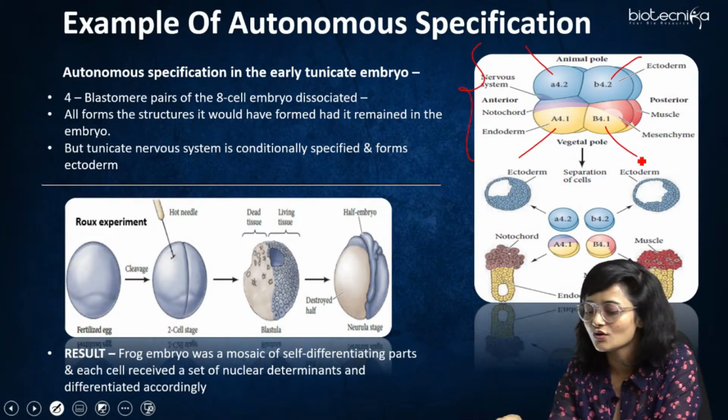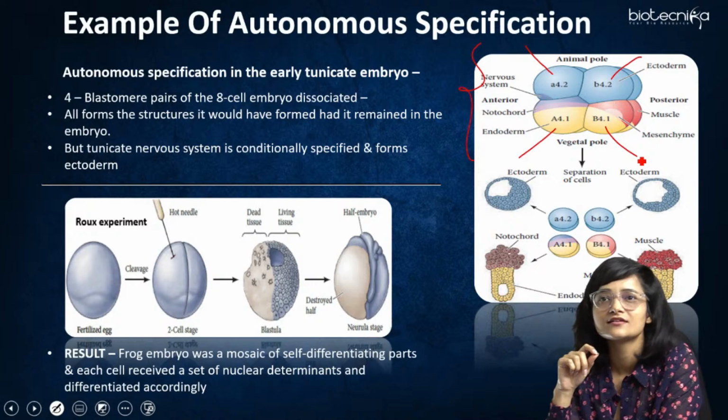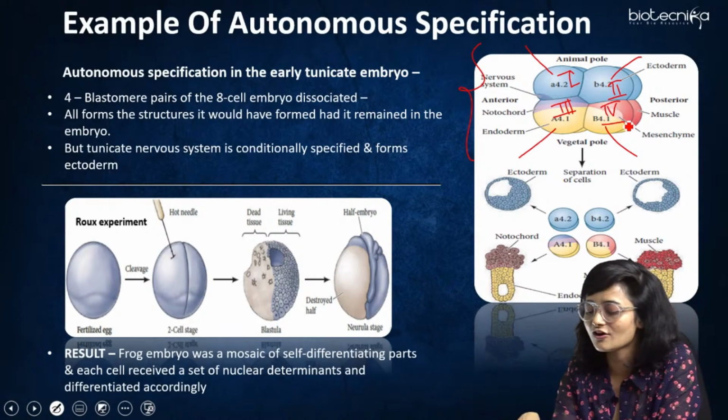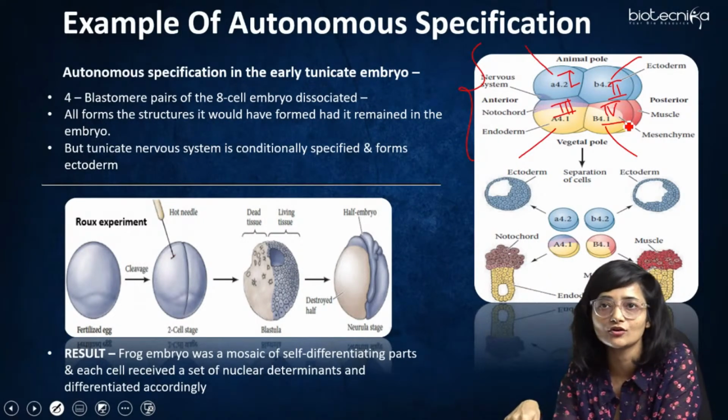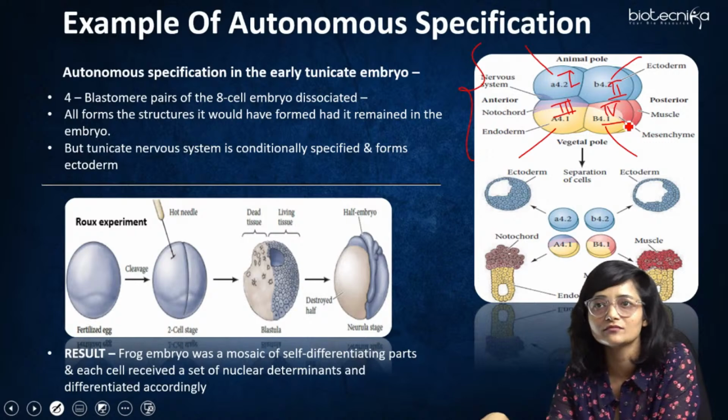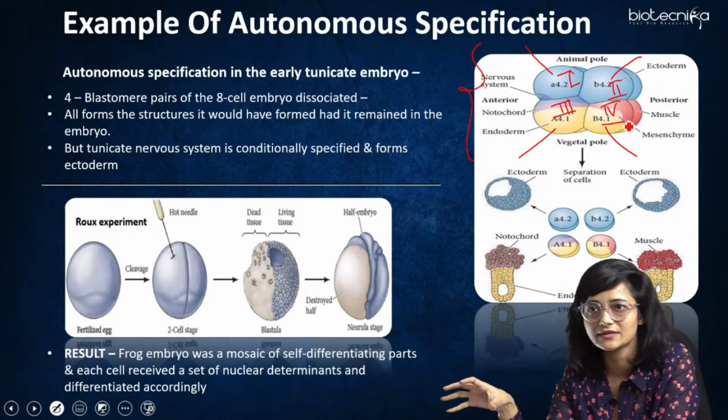I'll denote them first, second, third, and fourth. The first one forms the nervous system, the third cell can form either the endoderm or the notochord, the second cell forms the ectoderm, while the last cell forms the muscle cell or the mesenchymal cell.